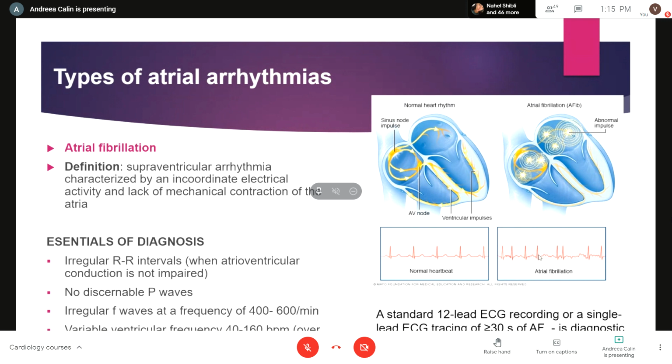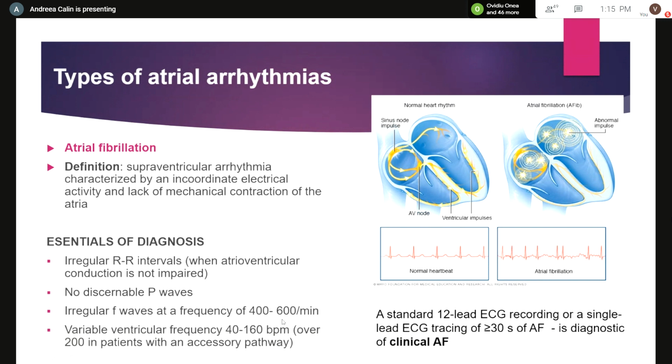We can see irregular F waves at a frequency of over 400 per minute. And there is a ventricular frequency with a wide range of frequencies up to 160 beats per minute, and over 200 in patients with an accessory pathway when they conduct over this accessory pathway.